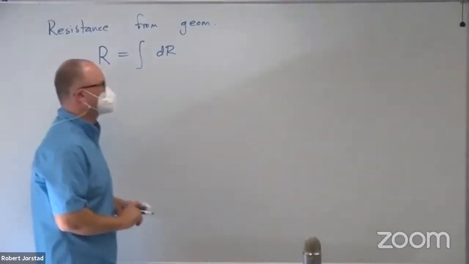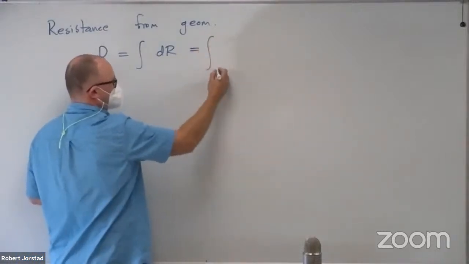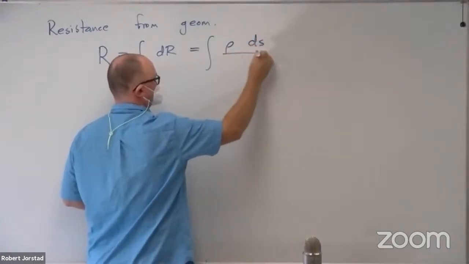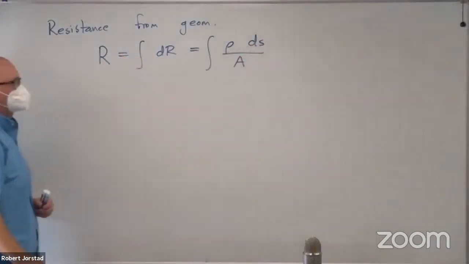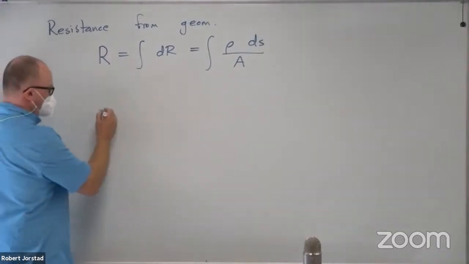Our claim is resistance should be the integral of a small amount of resistance, which in the workbook I say is something like rho ds over the area. All right. Now, what does this mean? I want you to think about something here.